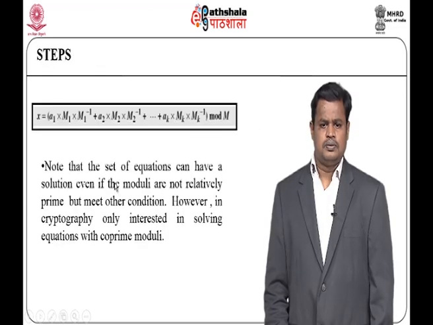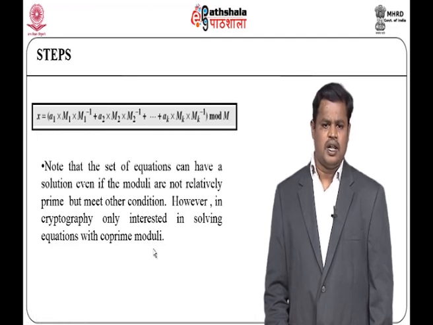So, the set of equations can have a solution even if the moduli are not relatively prime, but meet other conditions. But in the case of cryptography, the only interest is solving with co-prime moduli. So, in CRT we say that we only want to work on co-prime or relatively prime moduli.